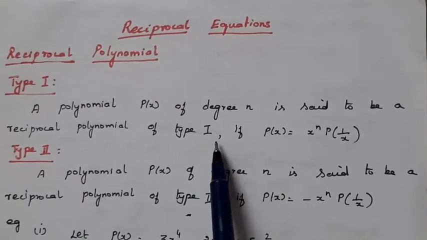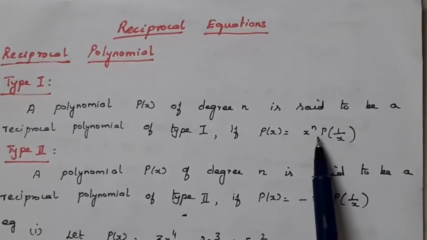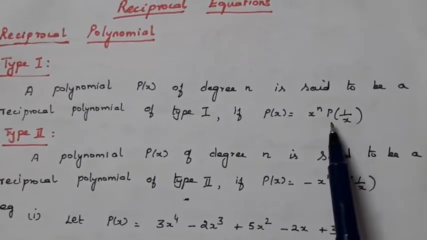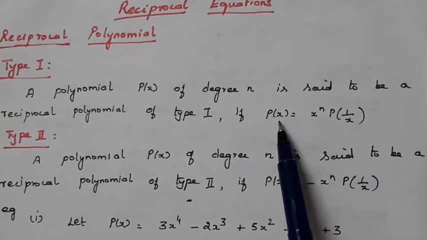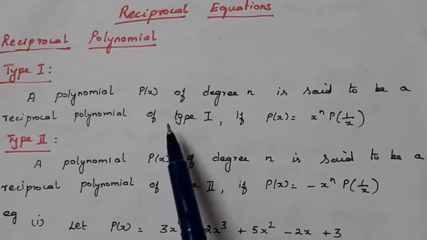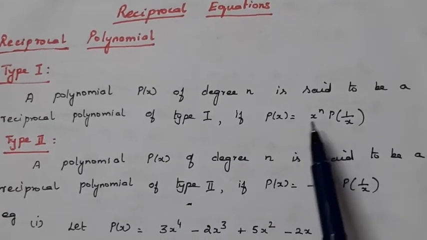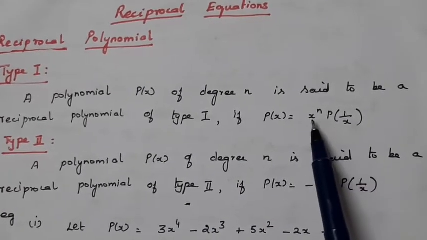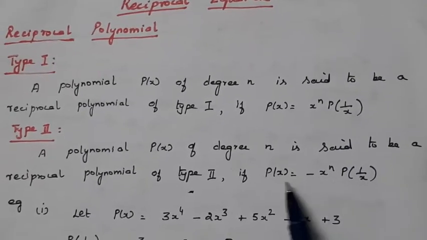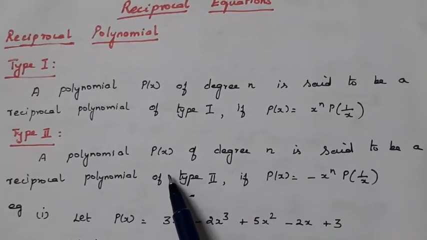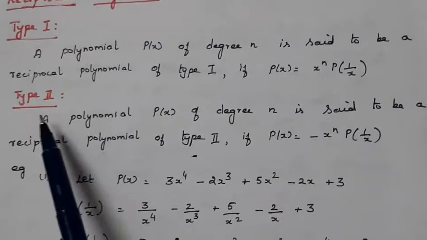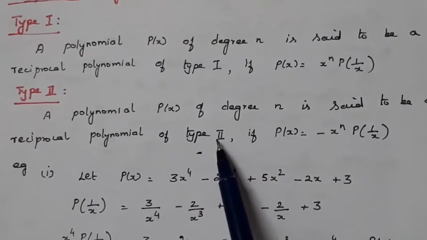So, when you multiply this polynomial by x power n after replacing x by 1 by x, if we get the product as again the same polynomial p of x, then it is said to be a reciprocal polynomial of type 1. If you multiply with minus x power n after replacing x by 1 by x, and you get this product as p of x, then it is said to be a reciprocal polynomial of type 2.